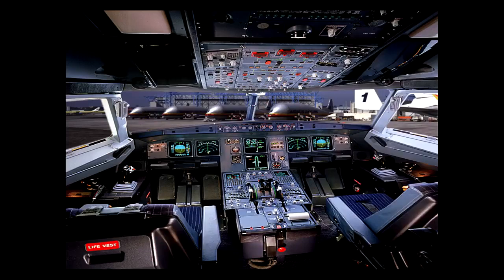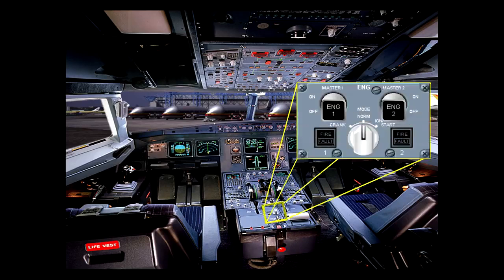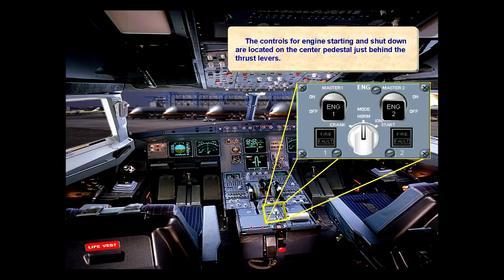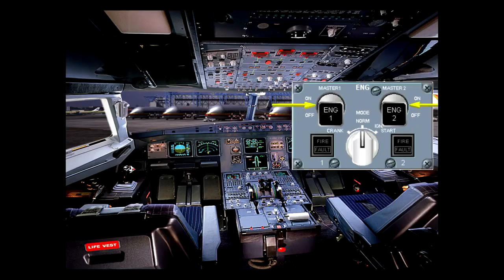The controls for engine starting and shutdown are located on the center pedestal, just behind the thrust levers. The engine master switch and the engine mode selector enable the pilots to start the engines automatically or simply dry crank them. Once the engines are running, the mode selector can also provide continuous ignition.